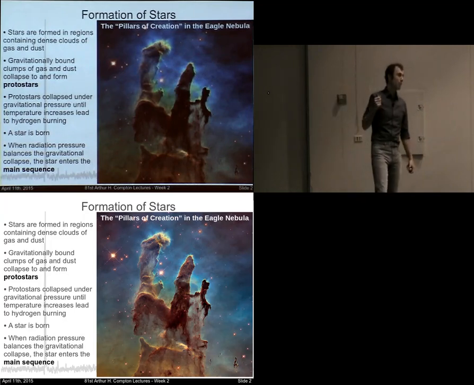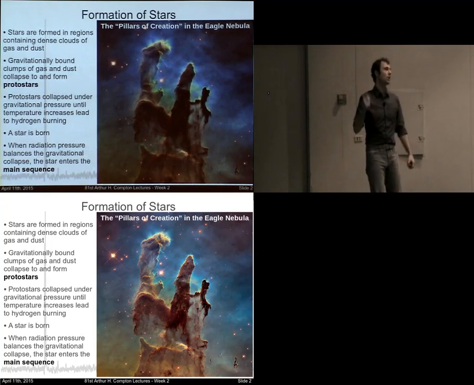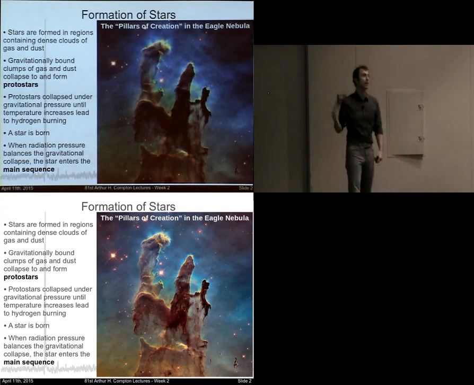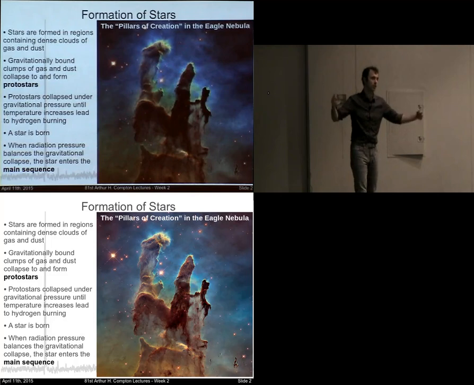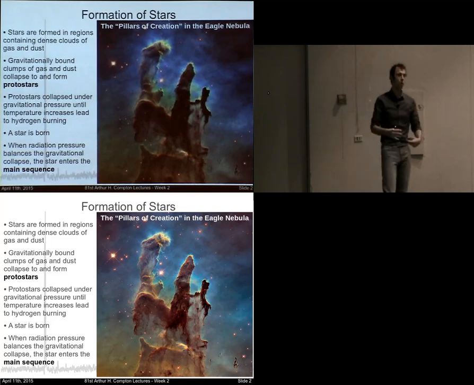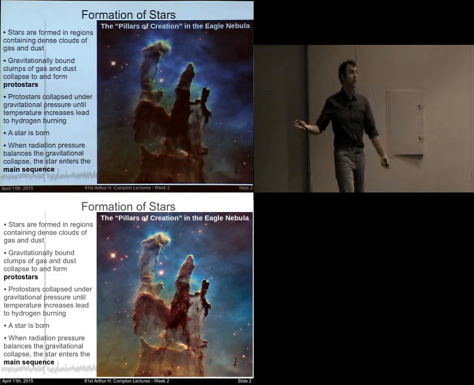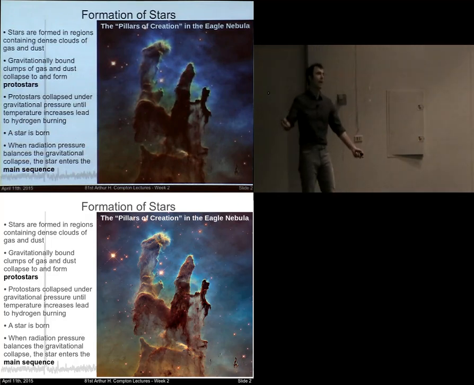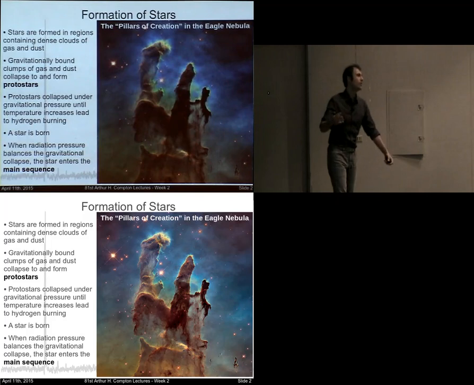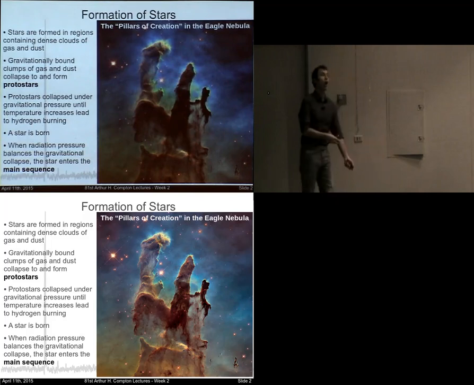They are born massive and they die very young because their fuel burns up very quickly. So our sun, which lives about 10 billion years, lives about 100 times or 50 times longer than a star that's 10 times more massive.